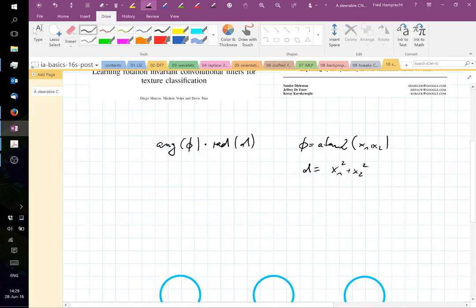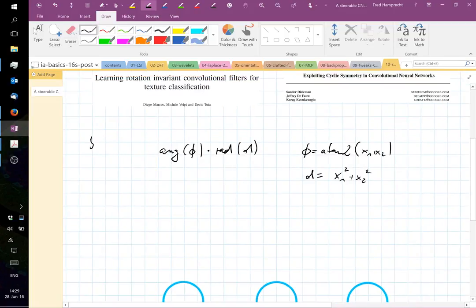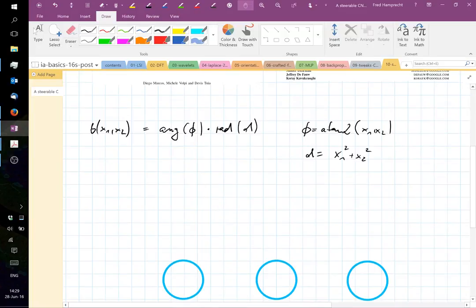This is now my basis filter B at coordinates x1 and x2, and I will add a couple of parameters in a moment. For the radial part, I want something that lets me decide how broad or how big my filter is. For the angular part, I want a behavior that is periodic along the angular direction phi.